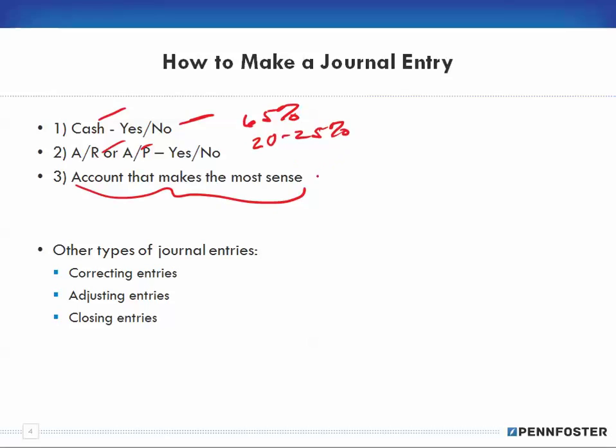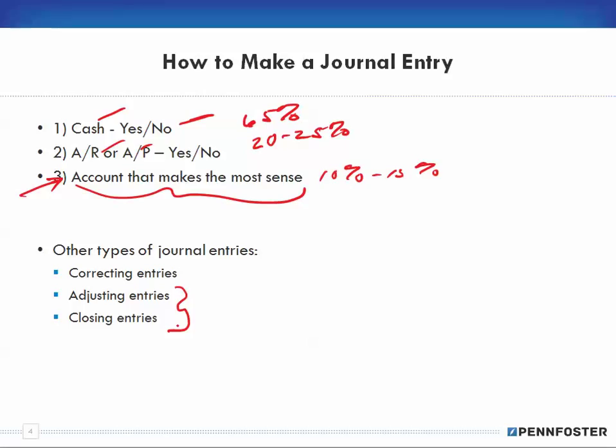That remaining 10 or 15%, we have to use accounts that make the most amount of sense. Often, when we're making normal transactions during the accounting period, we rarely get to number 3. But number 3, using accounts that make the most amount of sense, pertains the most when we're making our adjusting and our closing entries.